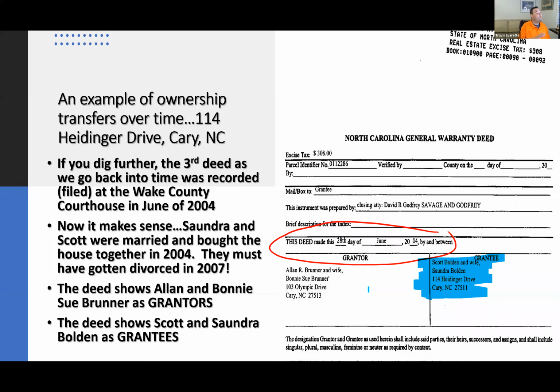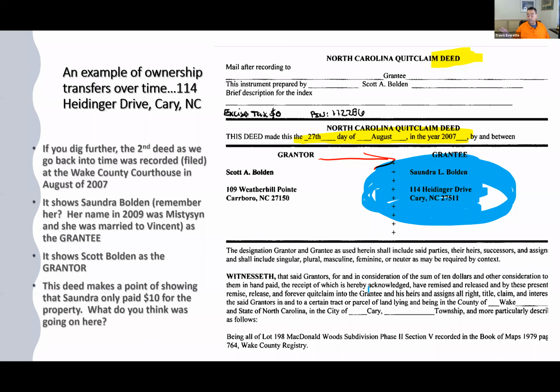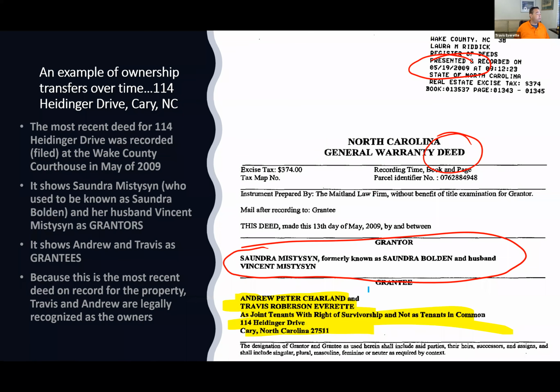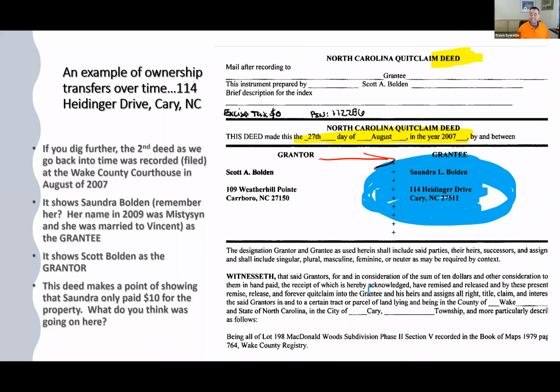So here's now what we've been able to piece together by looking at these documents in succession. If you go back to our deed, this is the current deed on the property, the most recent deed. We bought the property from a married couple. What we now know is that at one point she owned the house by herself before marrying Vincent.